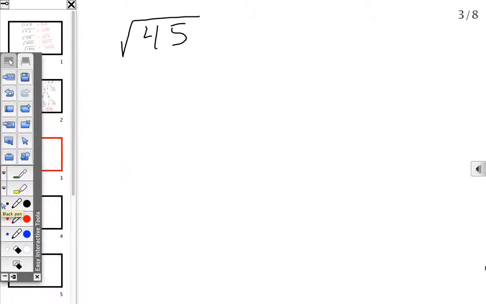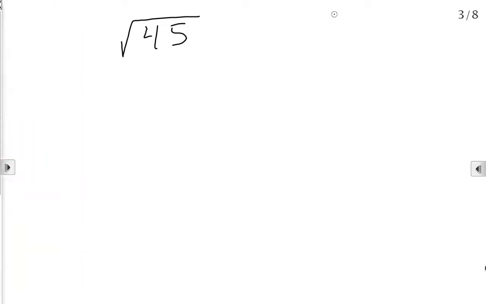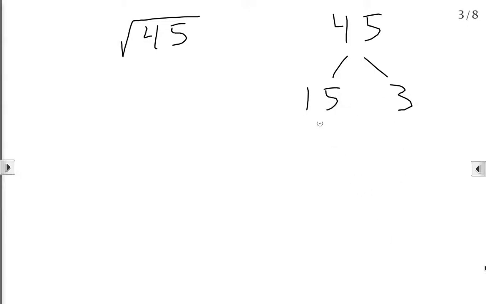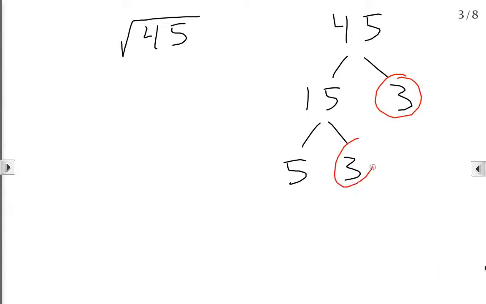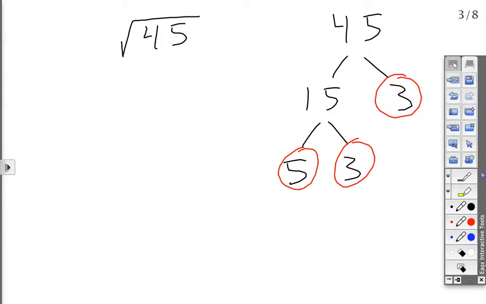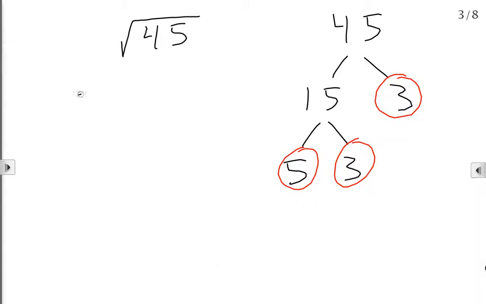Square root 45. This one's a little easier because the factor tree is just shorter. 15 times 3. And then 5 times 3. And these are all prime numbers, so these are all leaves. You stop splitting when it's prime. So we can take our prompt and rewrite it as 5 times 3 times 3.